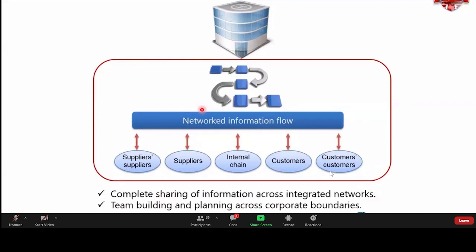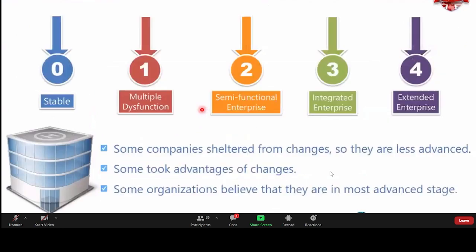So, yan yung stages or yan yung nangyari in terms of supply chain management system. So, nag-start tayo dun sa stable which is manual, sobrang manual. Then, multiple dysfunction. So, manual pa rin, but then may process na to set up.